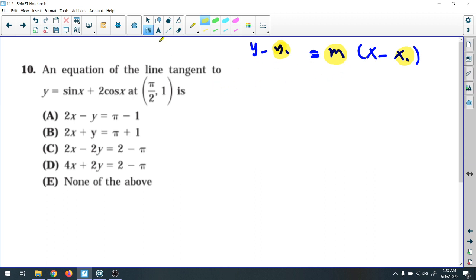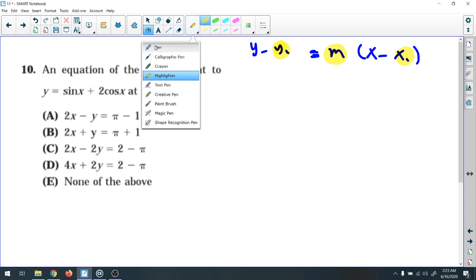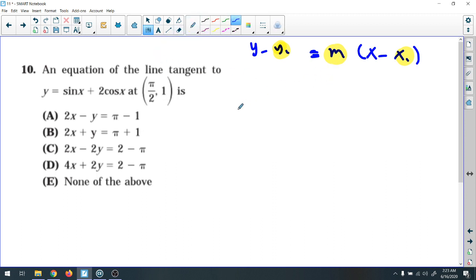So the first one that we have to work on very quickly is to find the slope. And the slope, simply, is the derivative at the given point. So the function is y equals sine x plus 2 cosine x.